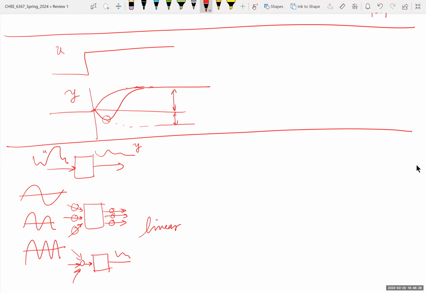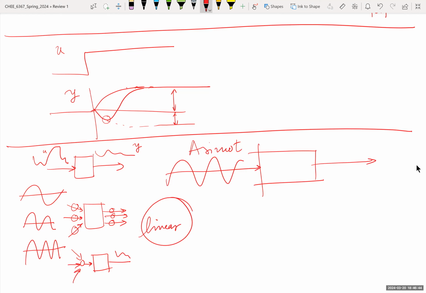I have my process, I look at a single sine, A sine omega t, that produces an output that is eventually another sine, A hat sine omega t plus theta. The frequency is going to be the same. However, A, the amplitude, is going to be different from A hat, which is why we have the amplitude ratio.